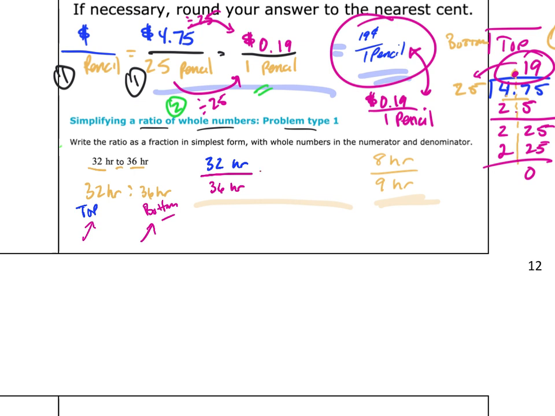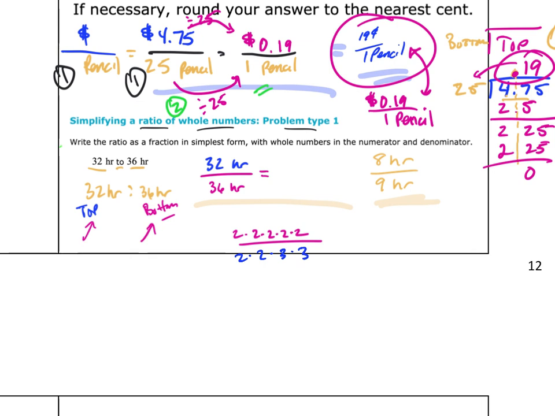Okay, so you have to simplify this. Now, if you've done the prime factorizations, I would do the prime factorization of it to avoid making mistakes. When you have your hundreds chart, this becomes really easy, because you just look at your hundreds chart and you'll see that 32 is 2 times 2 times 2 times 2 times 2, and that 36 is 2 times 2 times 3 times 3.